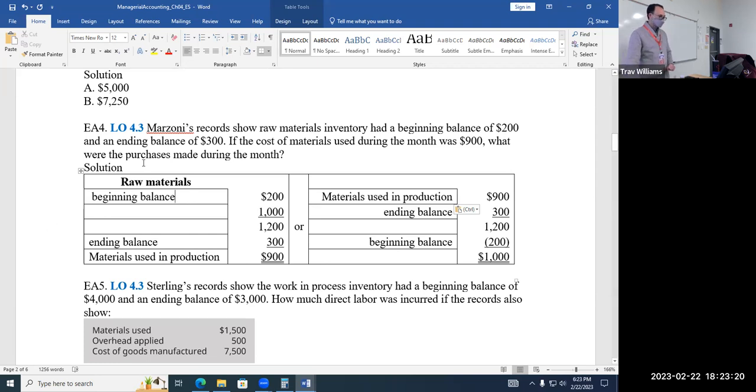It's asking us what were the purchases made during the month. So it would make sense if we had a beginning balance of $200 and then we purchased $1,000 worth of materials, then we'd have $1,200 of materials available, right? So let's go ahead and call this $1,000 purchases.